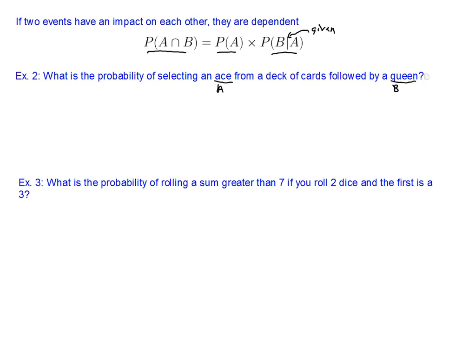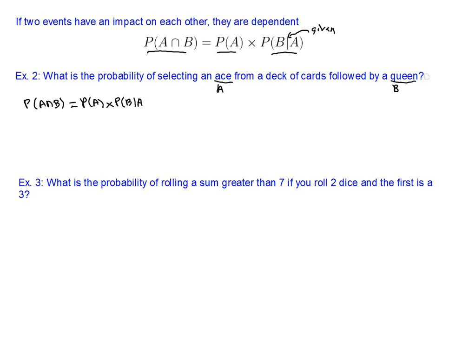So we want to know the probability of A and B. And that's just going to equal the probability of A times the probability of B given A. Well, the probability of A is easy to find.